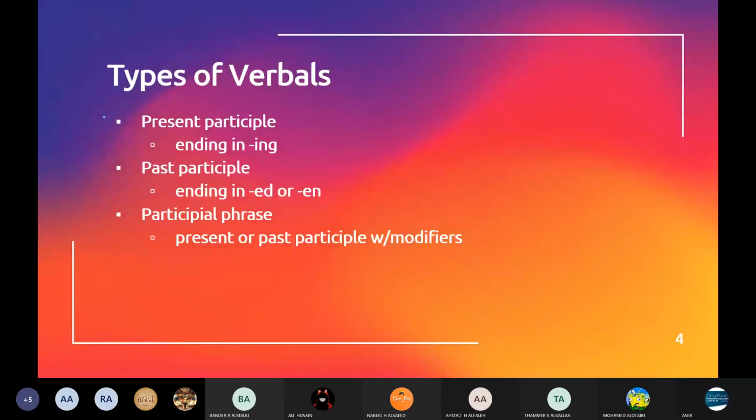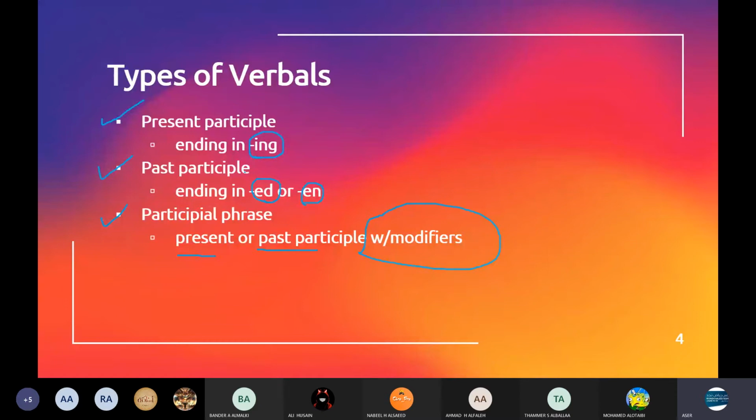Types of verbals. Present participle, which ends in ing. Past participle, which ends in ed or en. And participle phrase, which is a present or past participle with modifiers. Nice, great. So simply, you have present participle, meaning that it ends in ing, like I am playing.